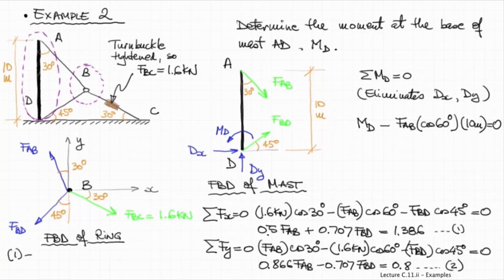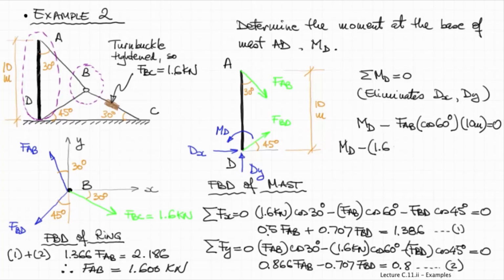And as I mentioned, if we add these two equations together, we will end up with 1.366 FAB equals 2.186. And from here we can solve for FAB as being also 1.6 kilonewtons. Note how I use the number of significant figures. A number starting with 1 requires 4 significant figures.